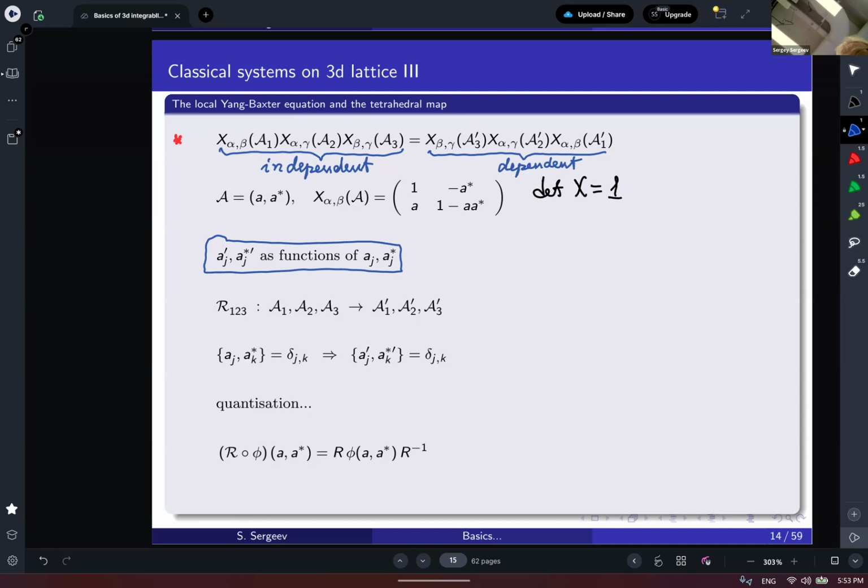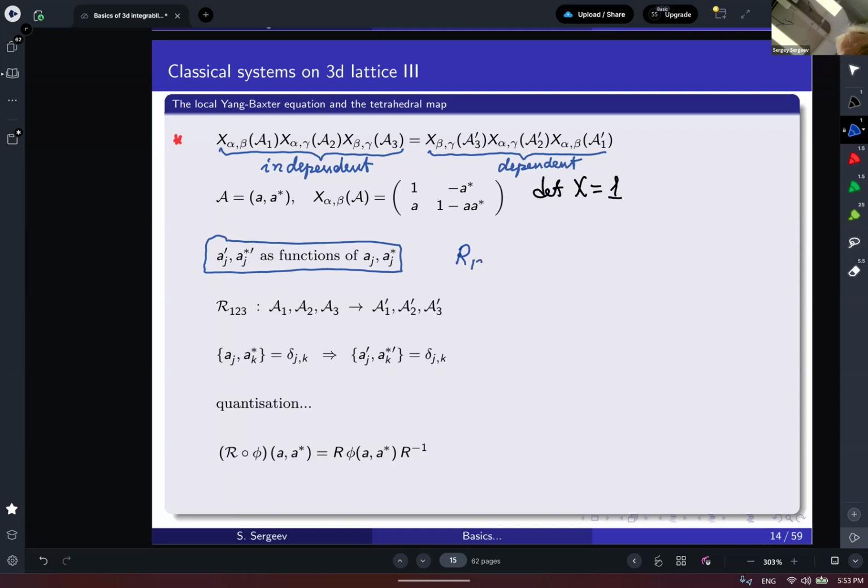Well, and thus, after such an expression, we can talk about a map, a functional map, which maps left-hand side variables to the right-hand side. In which sense do I define the map?